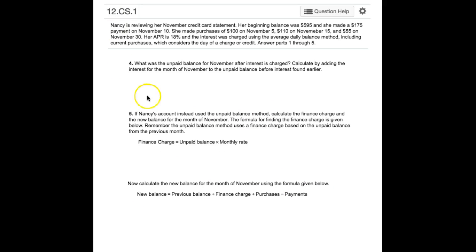On to part 4. It says, what was the unpaid balance for November after interest is charged? So to calculate this, you want to add the interest for the month of November, and that's what we just found in part 3, to the unpaid balance before interest, and that's what we found in part 1. The interest for November was what we just got done calculating, the $9.30.